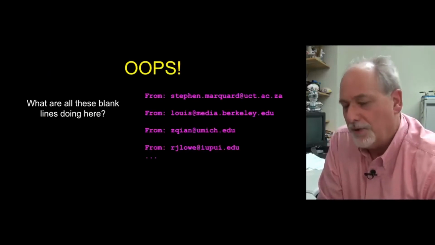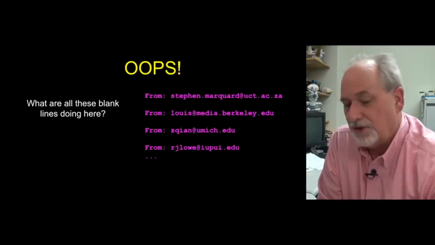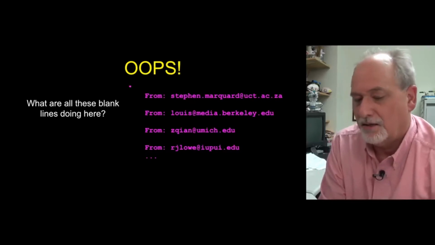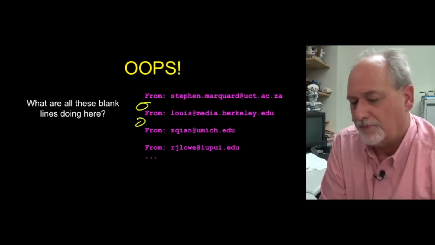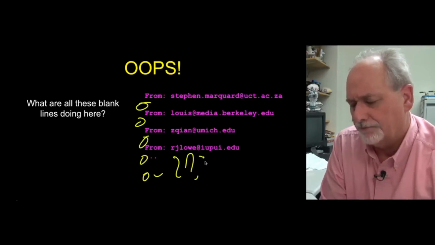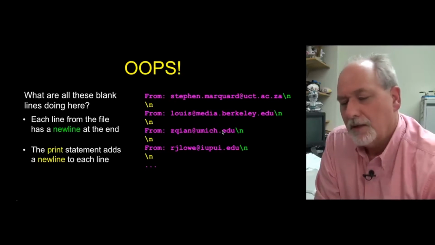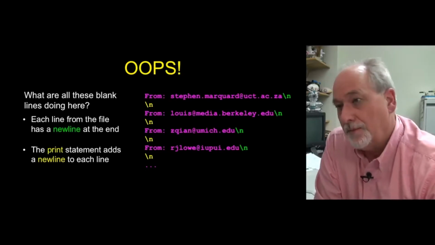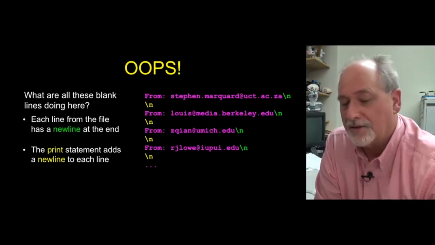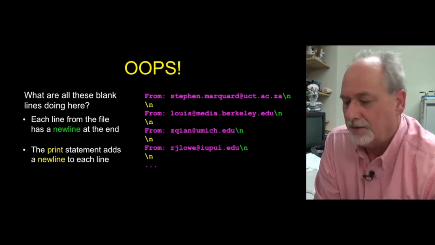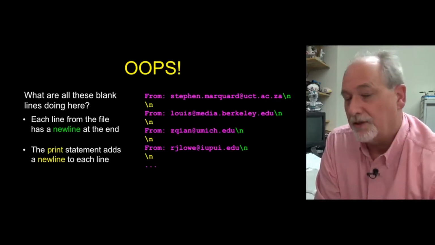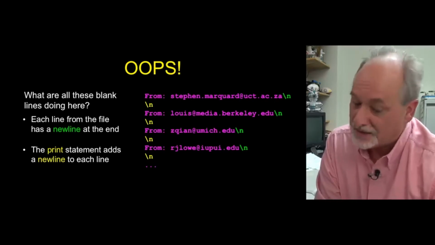Now, when we look at the output of this, it's kind of weird. We see these little blank lines that show up. What's going on here? Let's take a quick look. The problem is newlines. I mentioned that the file has newlines in it, and when you do the for loop, it doesn't throw the newlines away, as you might expect.